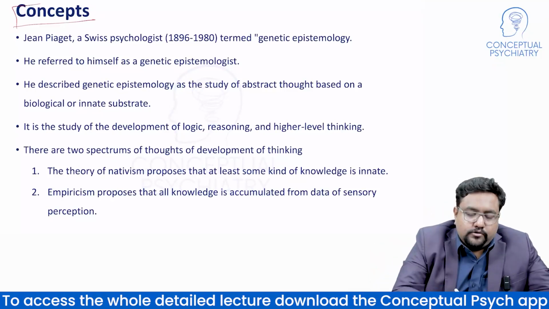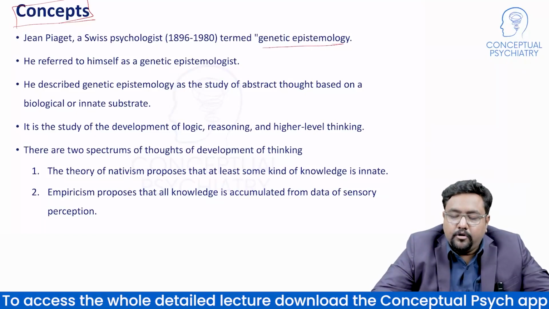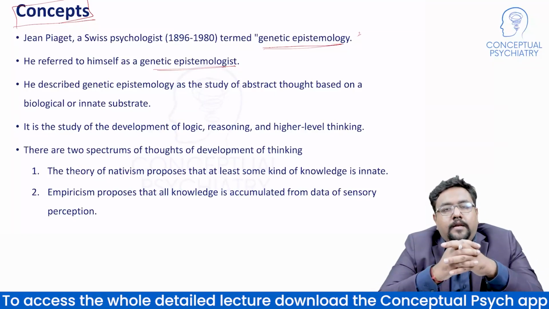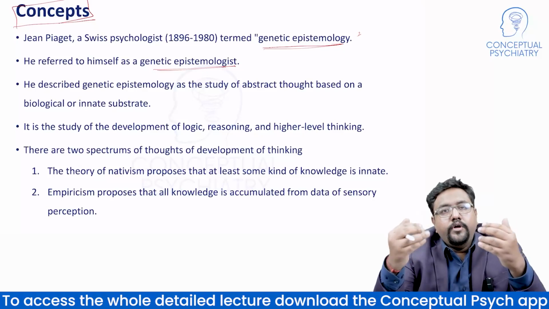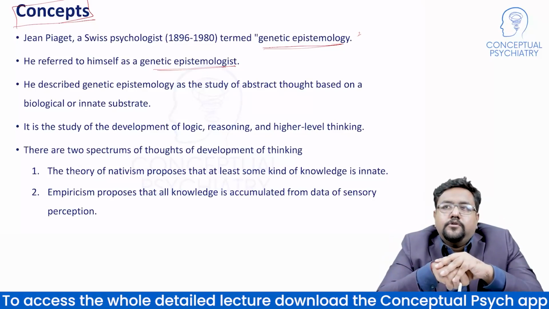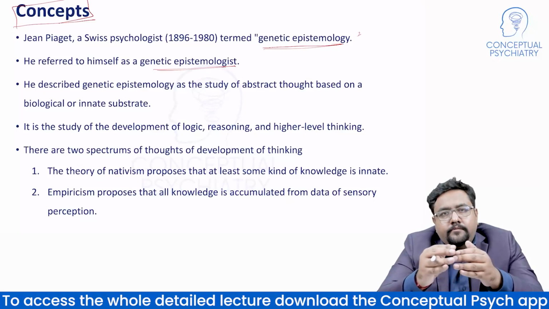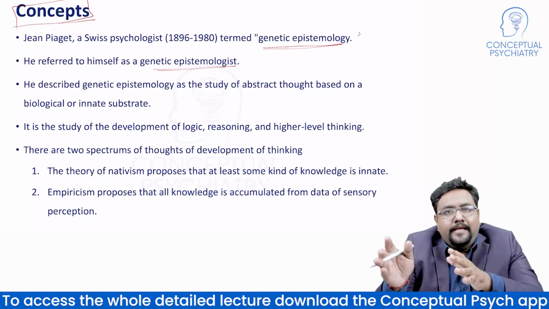Okay, anyway, coming to the basic concept that he was a genetic epistemologist. What does it mean, genetic epistemologist? I will tell you from where Piaget got his theory of cognitive development. Once, when Piaget was a child, and later in his adolescent years, he had a nanny.